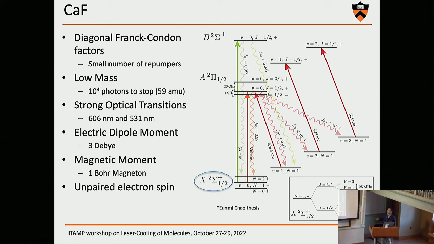The important point to remember for today is that CaF is polar, and it has a sizable electric dipole moment of 3.1 debye. So it means that they do have non-zero electric dipole interactions. The other fact to remember for this talk is that optical cycling only works for the first excited rotational state, and this actually will allow us to have some sort of state dependent detection.